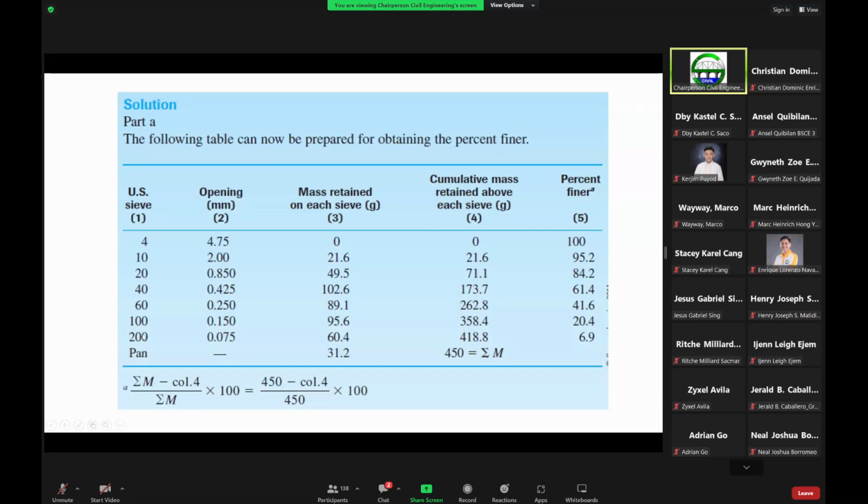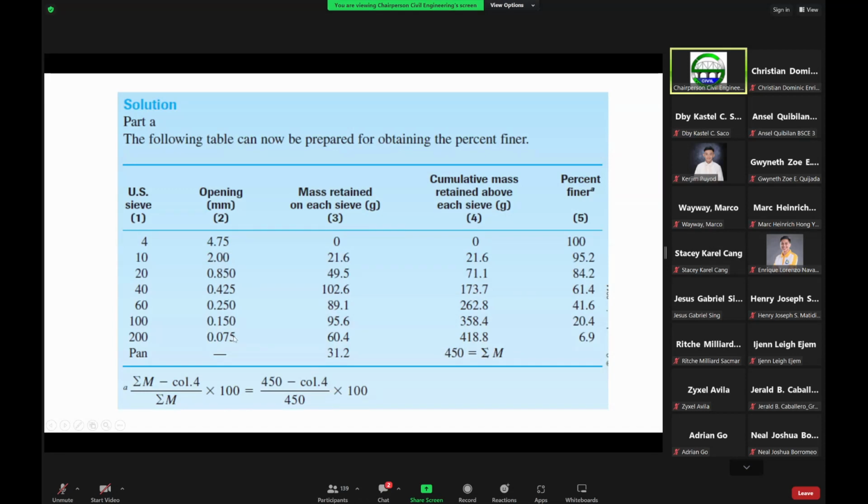This is a sample calculation of that, which you will also do in the lab. After we have the mass retained in each sieve, we put it here. On the second column, we put the opening sizes. We know in the chart earlier that the number 4 sieve is equivalent to this diameter, 4.75 millimeter, and so on.